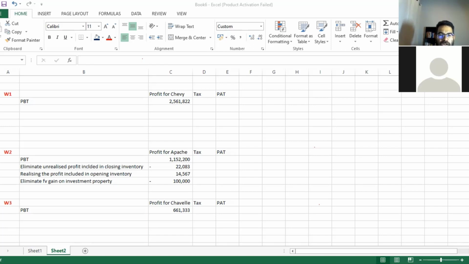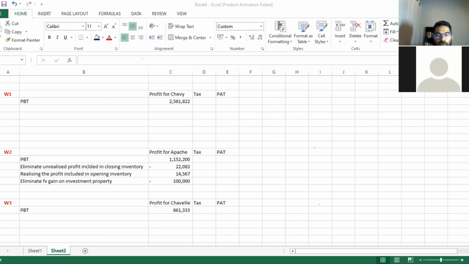The original cost price of the furniture was 15,700. The furniture was originally purchased on 1 September 2015 and had a useful life of 5 years on that date. Remember, when there's a sale of depreciable assets, there are 2 adjustments we need to make: to eliminate the profit or the loss and to adjust the depreciation.